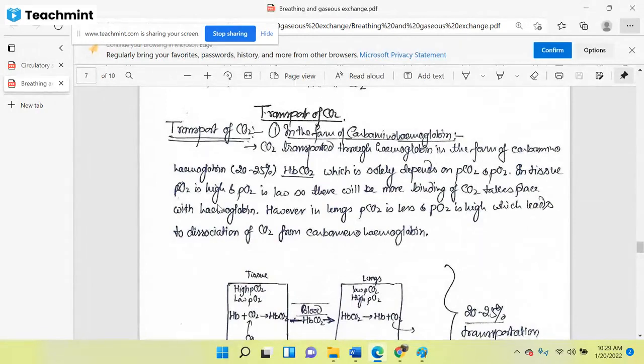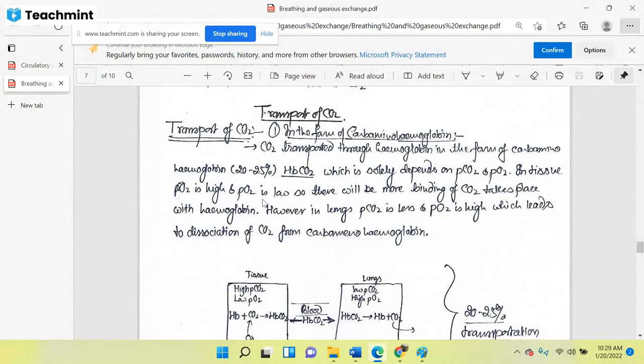In tissue, PCO2 is high, obviously, since tissue is releasing a lot of carbon dioxide by consuming a lot of oxygen. So in tissue, PCO2 is high and PO2 is low. So what will happen?